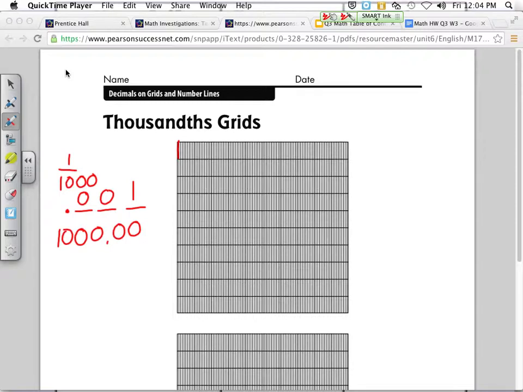Look at page 7, and I want you to write a fraction for what you see in the hundredths chart to the left of it now. Hundredths chart, the 1 out of 100. So the first one on top of page 7. Write a fraction, write a decimal, write a percent for page 7, the first one on the top. How many are shaded?